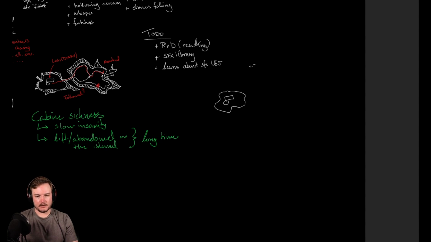Then you have an island up here. Perhaps there's also a third island somewhere. That's a terrible island. And you don't know about these islands. You're very much isolated to this part.